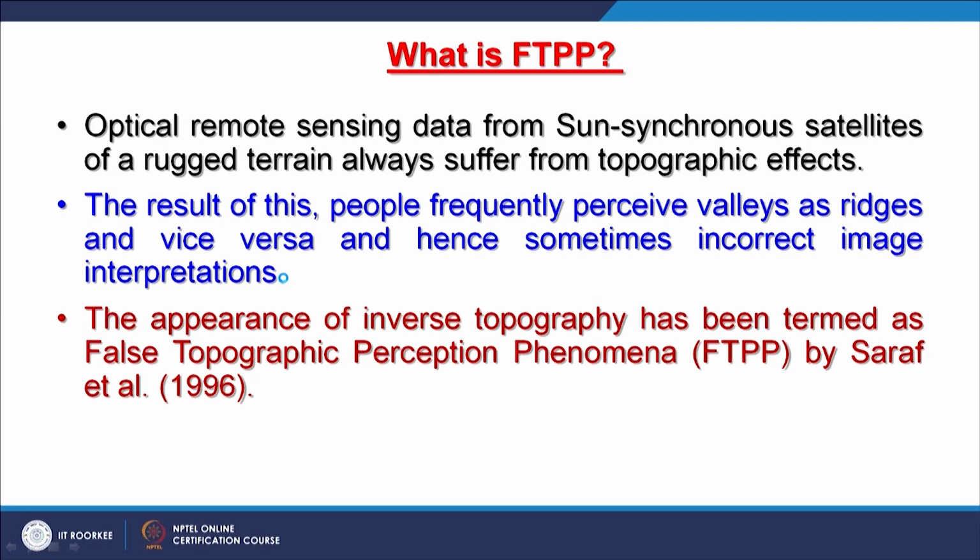When FTPP is present, there is the appearance of inverse topography, which we termed false topographic perception phenomenon in the year 1996 through a publication. So, the first time this phenomenon was accepted in the remote sensing literature, though people had been facing this problem.